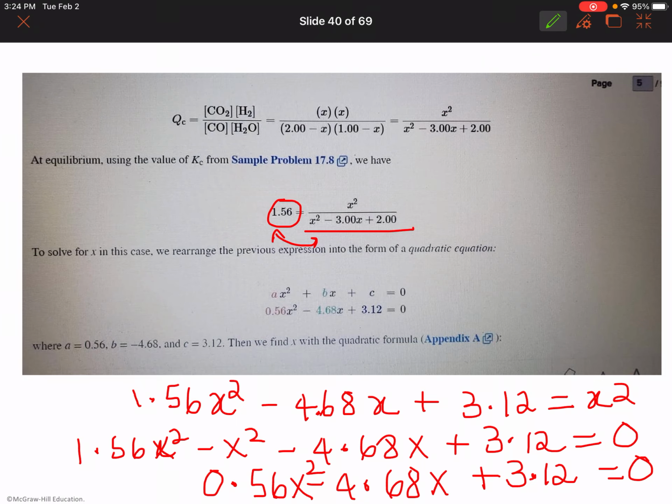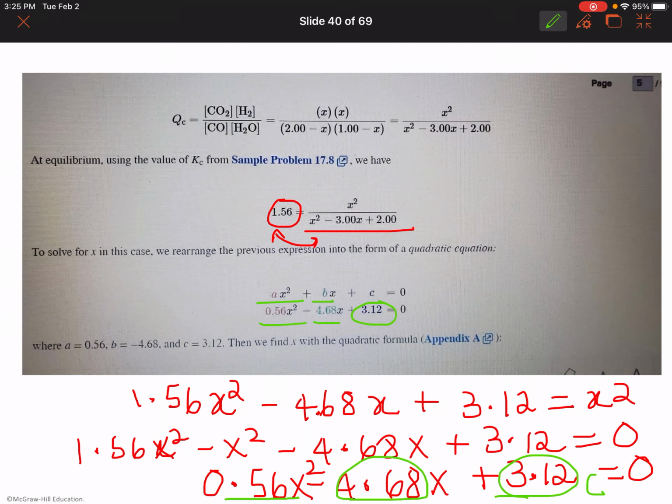Your 0.56 is going to be like the a in ax squared, and then b is going to be negative 4.68, and then c is going to be 3.12.